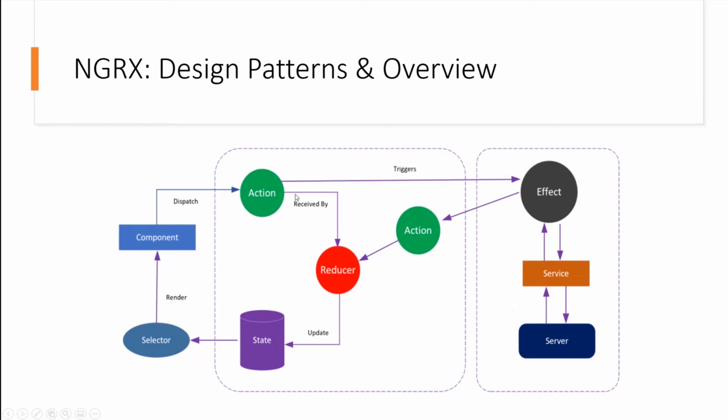So on the left-hand side here, we can see we have an action that can be fired off that calls a reducer. And a reducer is a key component of the NgRx world. Its job and responsibility is to take any data that it receives and update the store. And it's very important that only reducers update stores, right? So your component should never interact with the store. It should never change data in the store.